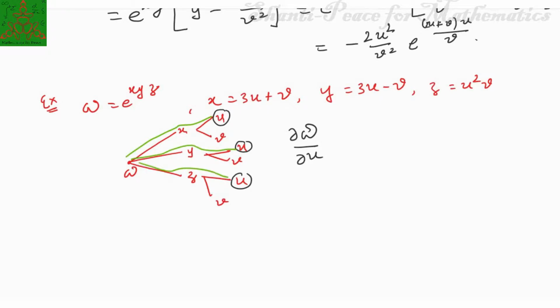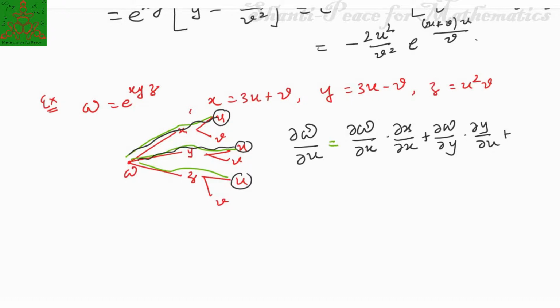So del w upon del u has three quantities: del w upon del x into del x upon del u via the first path, plus del w upon del y into del y by del u via the second path, plus del w upon del z into del z upon del u via the last path.